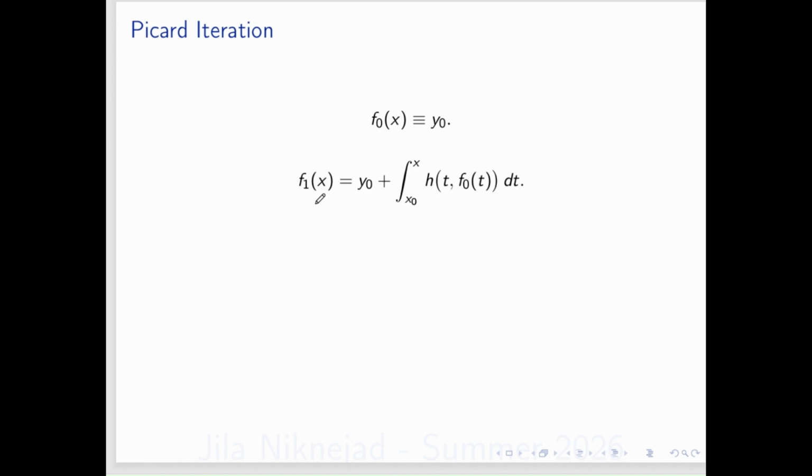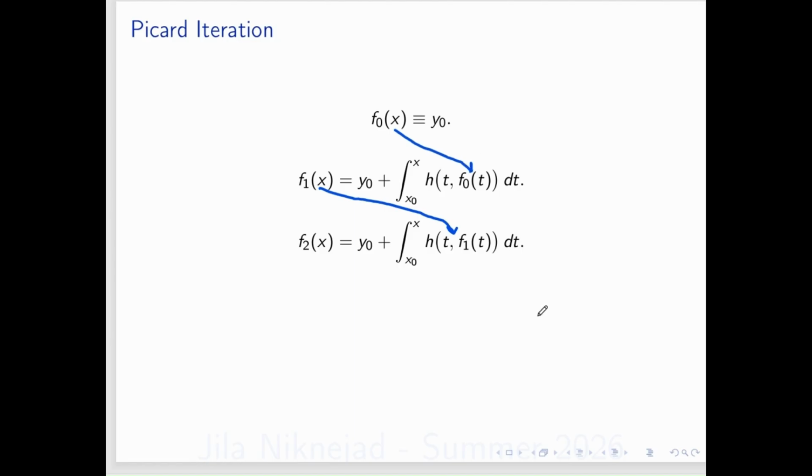We define f1 of x using the iteration, which is y naught plus the integral from x naught to x of h of t and f naught of t dt. We define f2 of x using f1: y naught plus the integral from x naught to x of h of t and f1 of t dt.